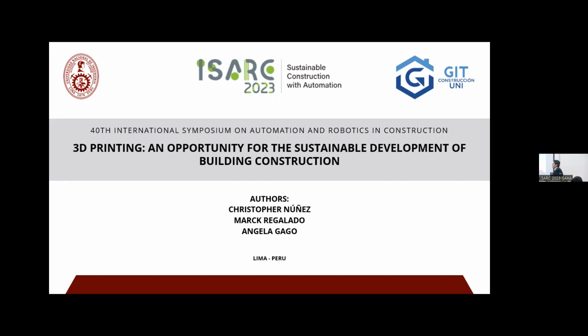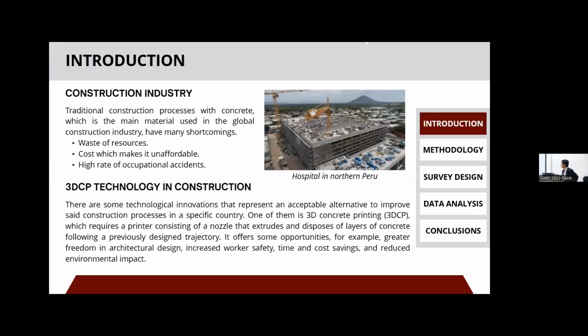So the problem in Peru is the traditional construction processes, and we know that concrete is the main material. With that, the topic of this presentation is 3D printing, an opportunity for the sustainable development of building construction.